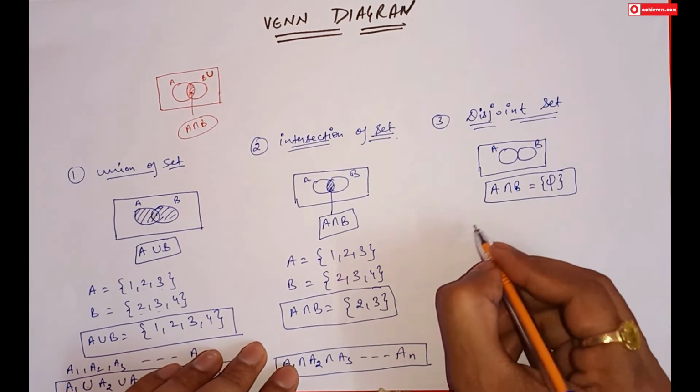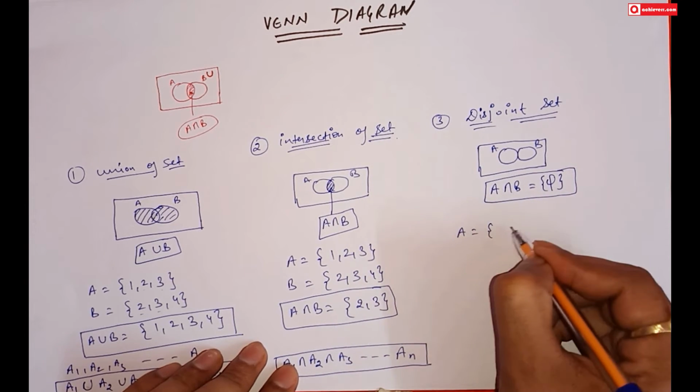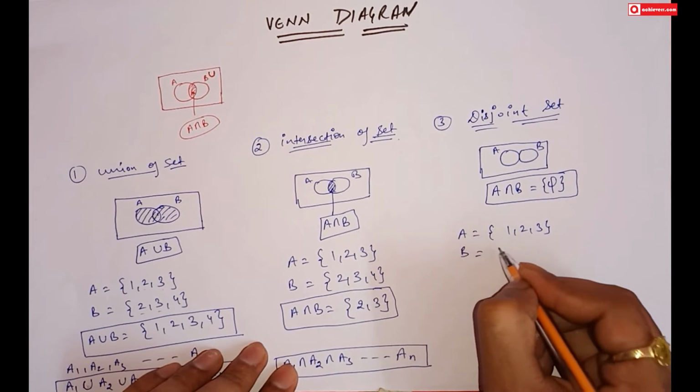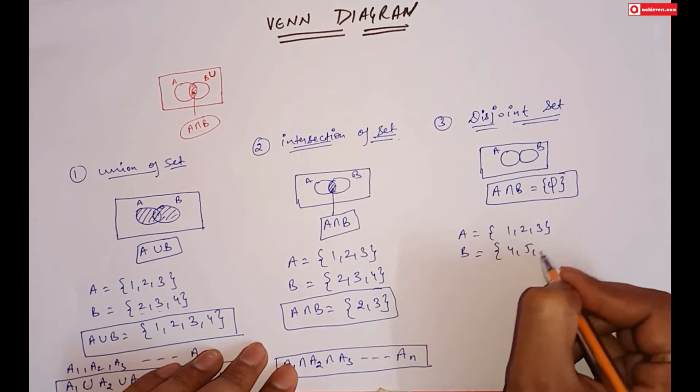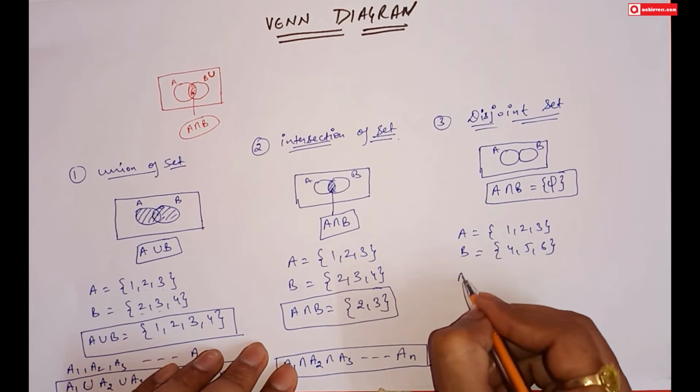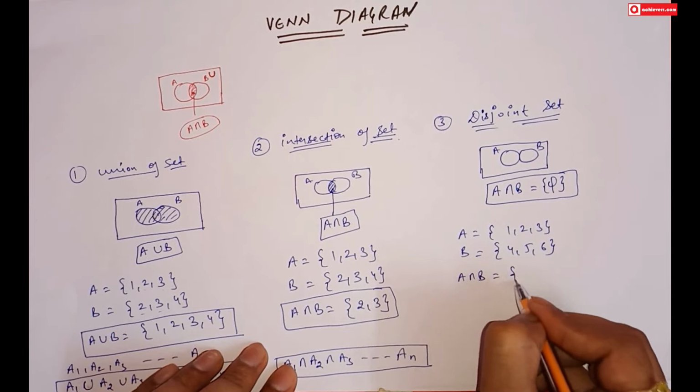So it is a disjoint. Like for example, if we have A is equal to 1, 2, 3 and B is equal to 4, 5, 6. So what is disjoint? Disjoint of a set is A intersection B, which is equal to phi.